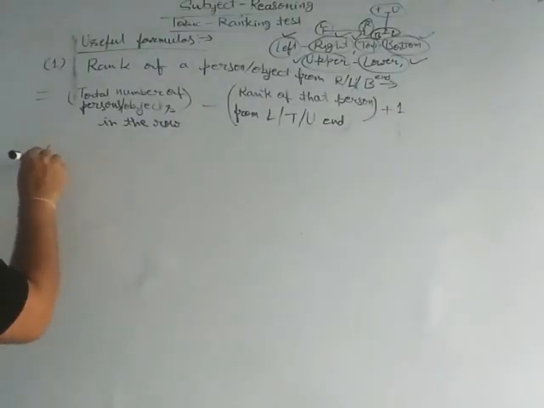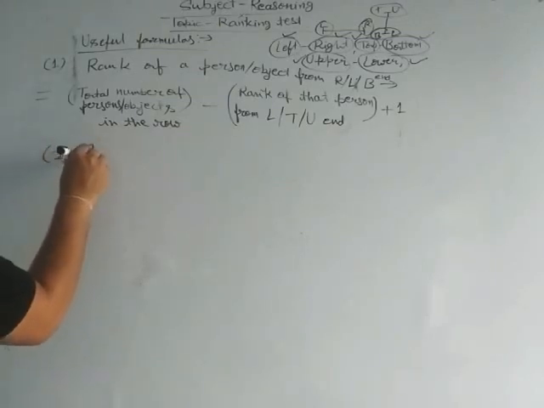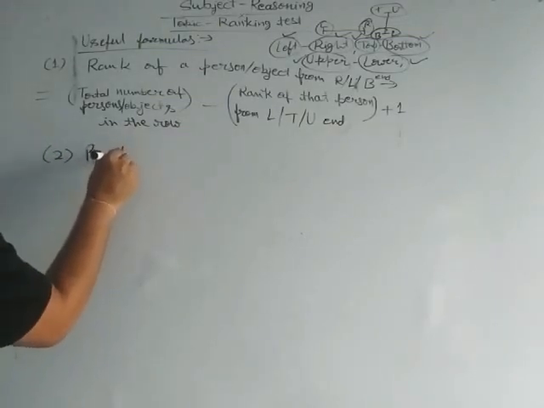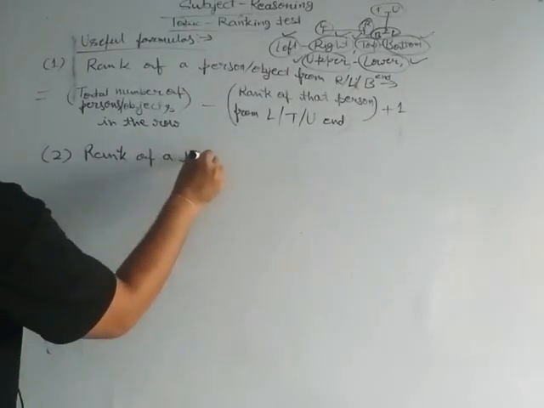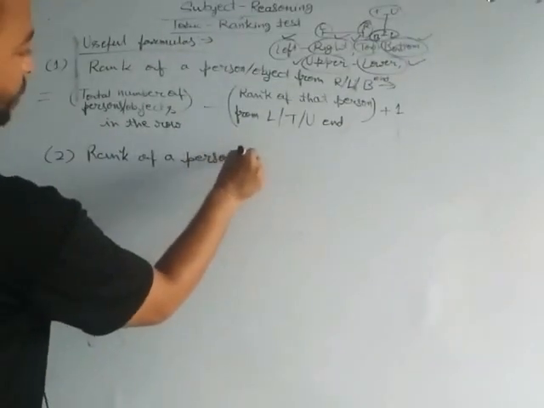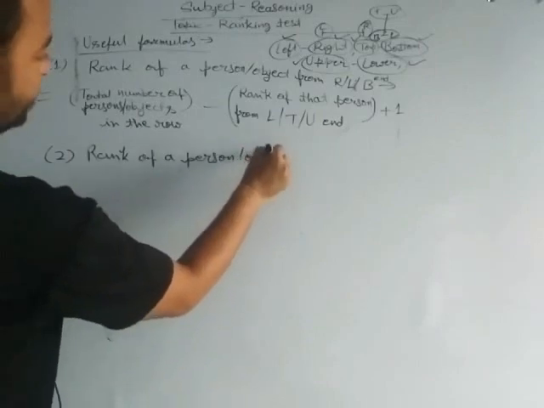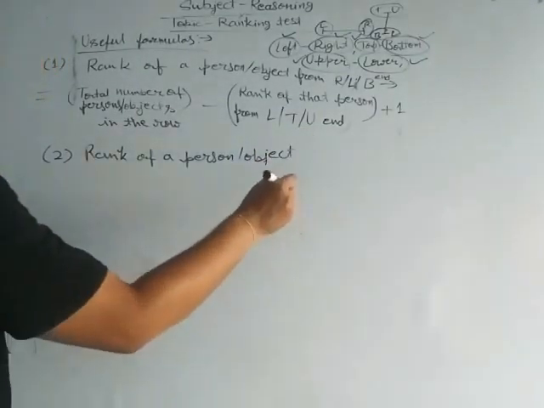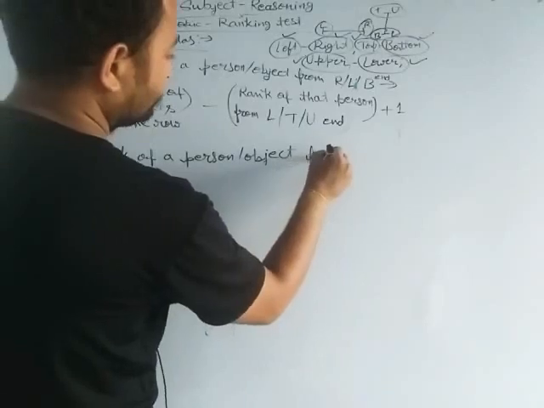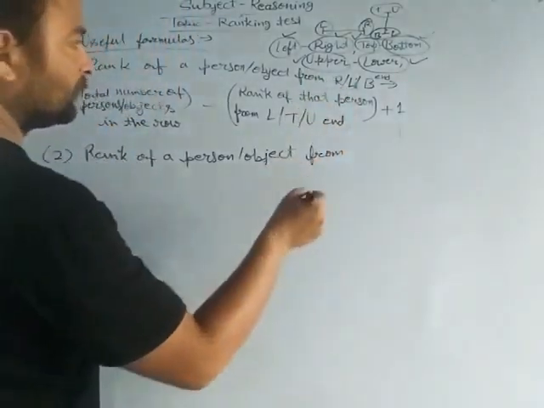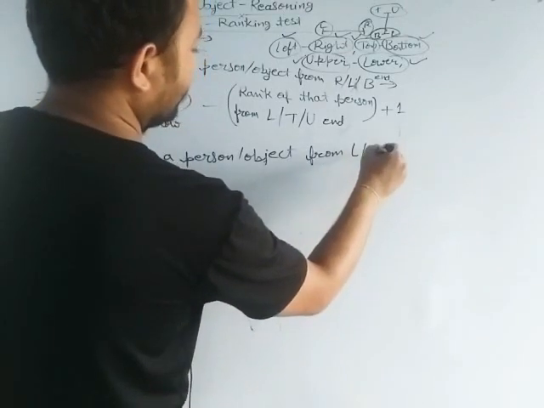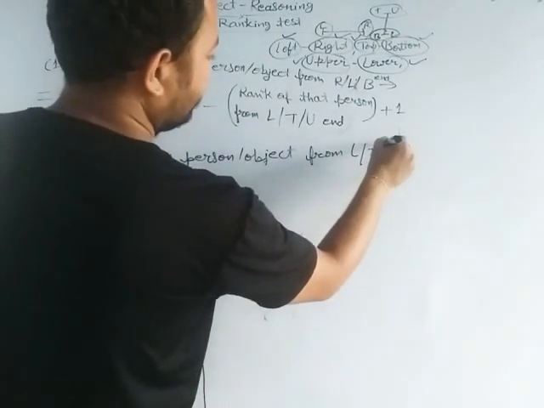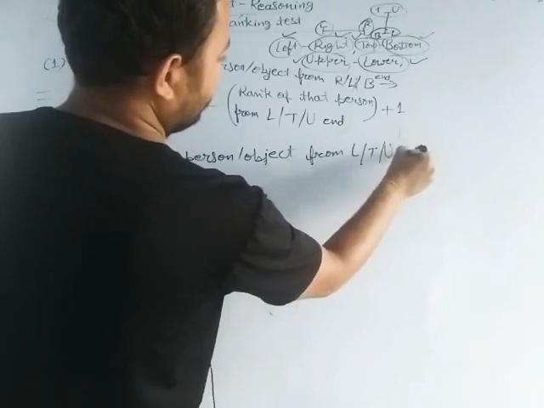The second formula is rank of a person or object from left, top or upper end.